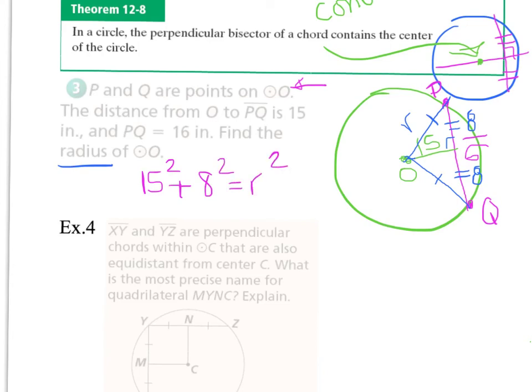The radius here is the hypotenuse, so it should be bigger than 15 or 8. Keep that in mind. So if you calculate this, you get 225 plus 64, square root that to get your radius, and that ends up being 17. 17 is bigger than 15 and 8, so it's a pretty decent number for your radius.